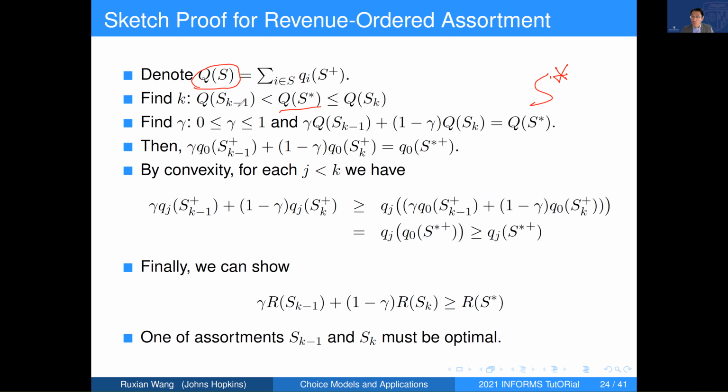And we can find two revenue-ordered assortments, S_{K-1} and S_K, such that these inequalities are satisfied. And then we find a parameter gamma between 0 and 1, such that the convex combination of the total choice probabilities of S_{K-1} and S_K is equal to the total choice probability for all products in the optimal offer set S star. And immediately we can find this one.